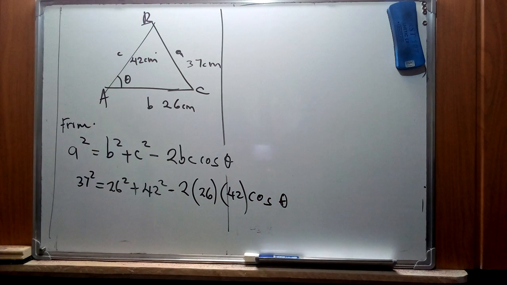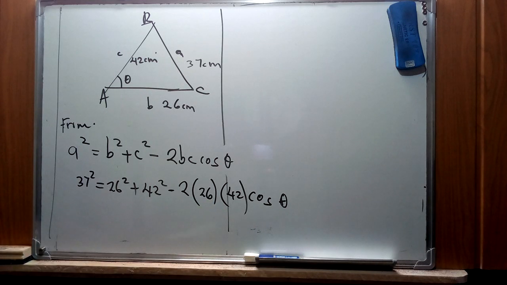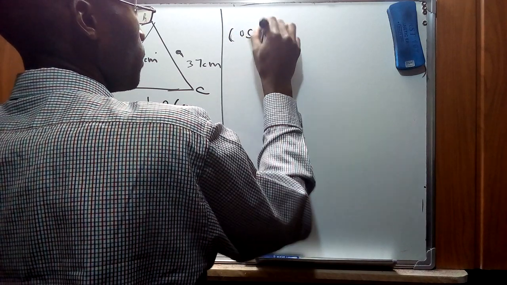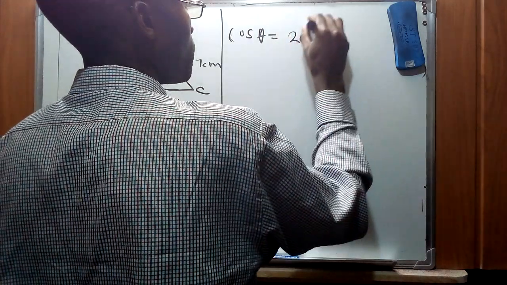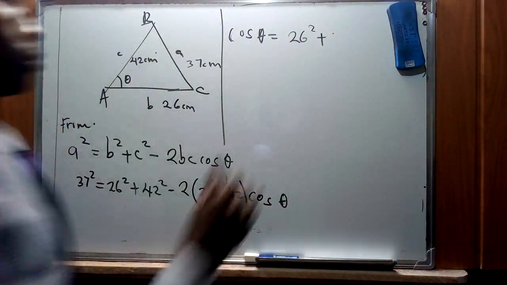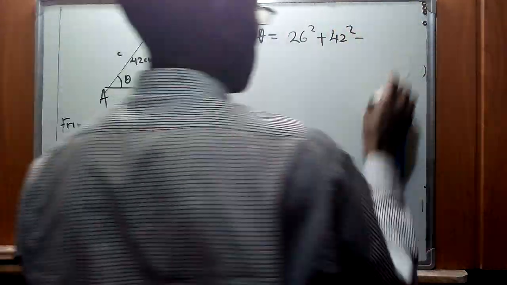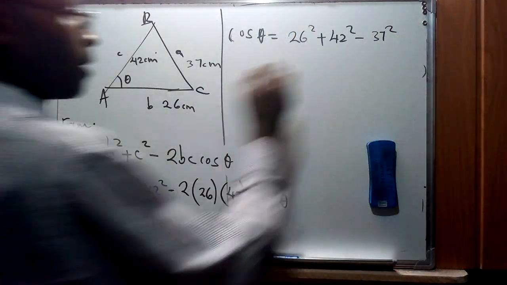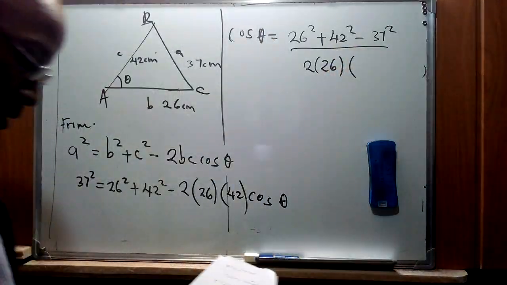Whatever we have not been provided with in this case is the cosine of theta. Therefore, we make the cosine of theta the subject of our formula. The cosine of theta will be given as 26 squared plus 42 squared, minus 37 squared, over 2 into 26 into 42.